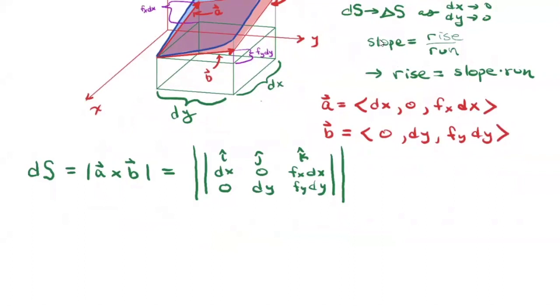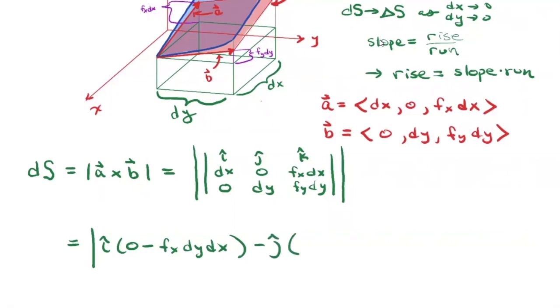So let's see here. We'll go i. We have a magnitude outside of there. Then we're going to do 0 minus fx dy dx. Dy dx, that sounds like dA to me. And then minus j.